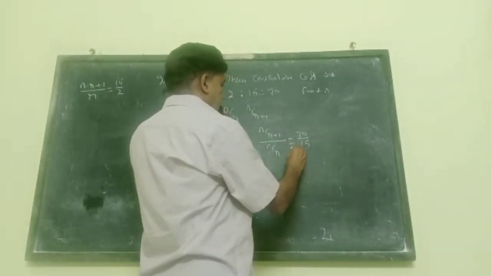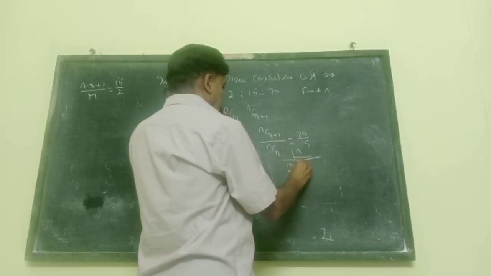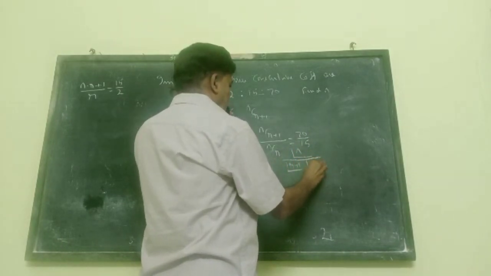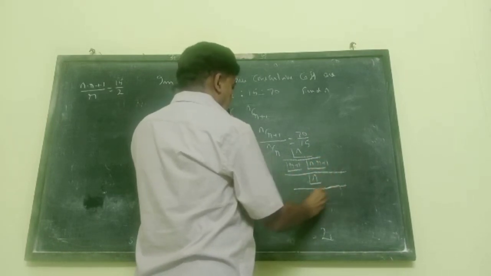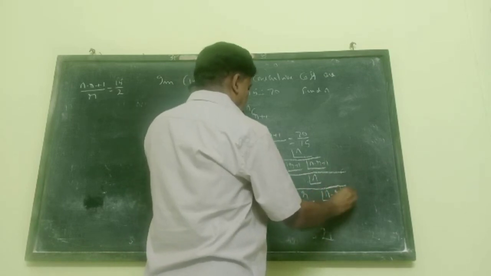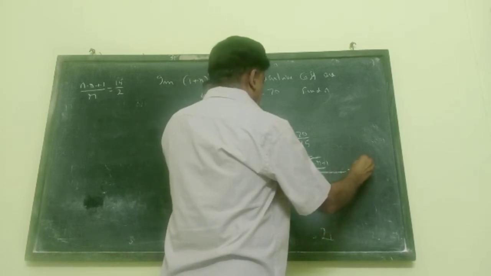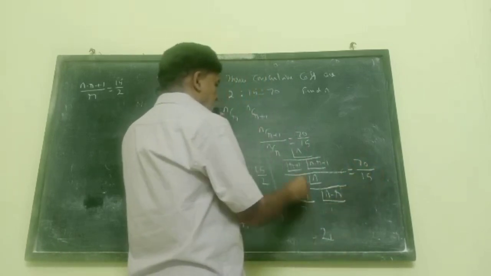Similarly, we simplify this: n! / ((r + 1)!(n − r − 1)!) divided by n! / (r!(n − r)!) is equal to 70/15.